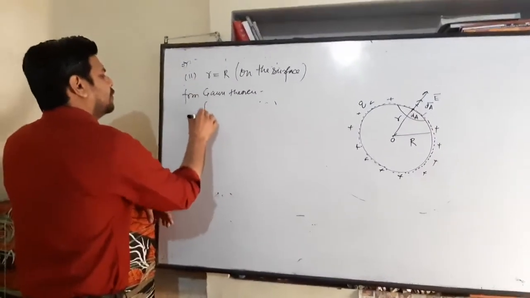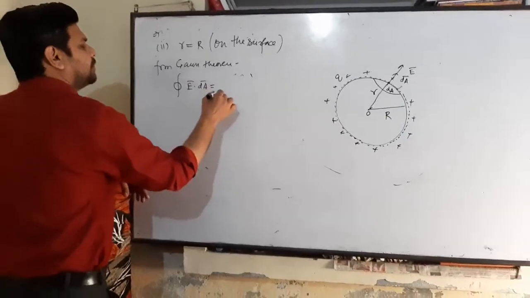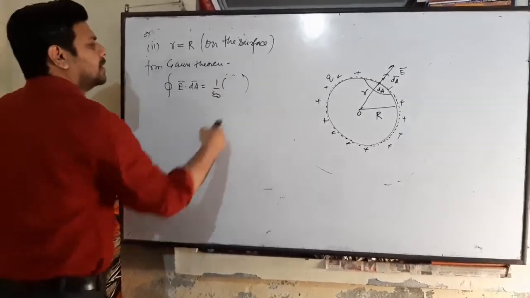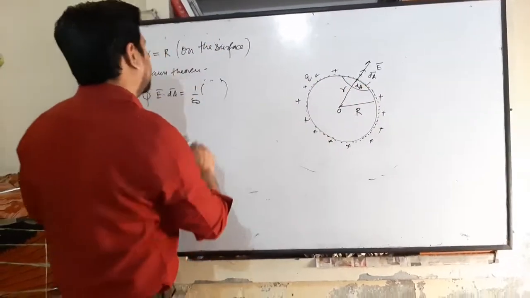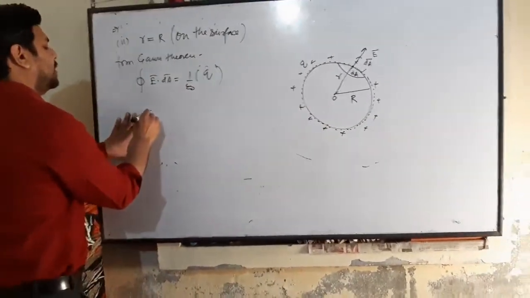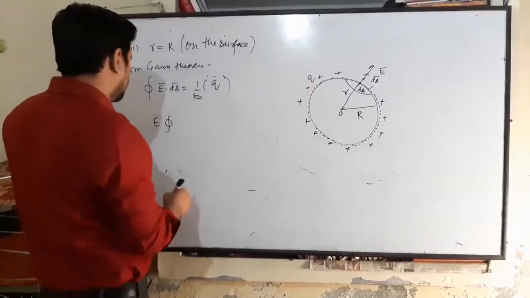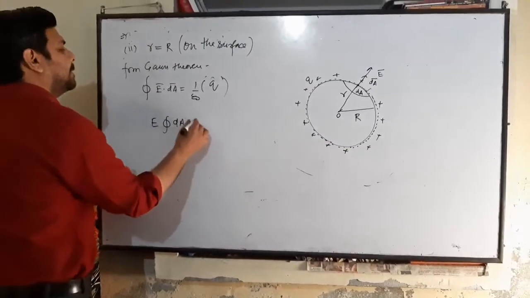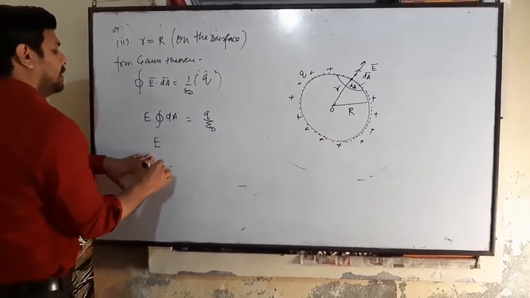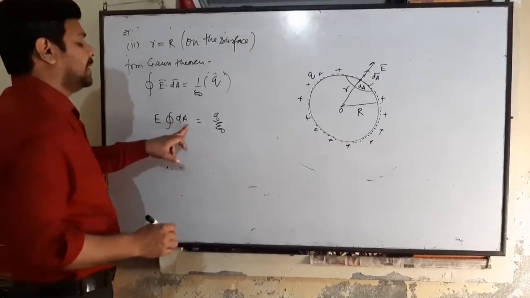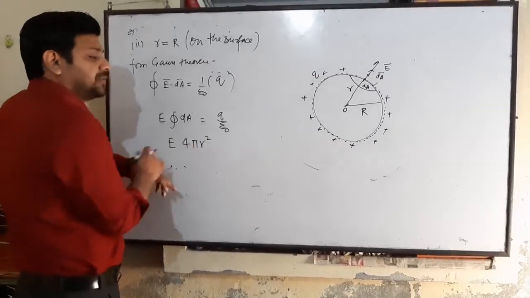Now again from Gauss theorem, the integral of E dot dA is equal to 1 over epsilon naught times the total charge inside this dotted Gaussian surface, which is Q. E dA cos theta, theta in this situation also 0. The integral of dA is the area of the Gaussian surface, 4 pi small r square.